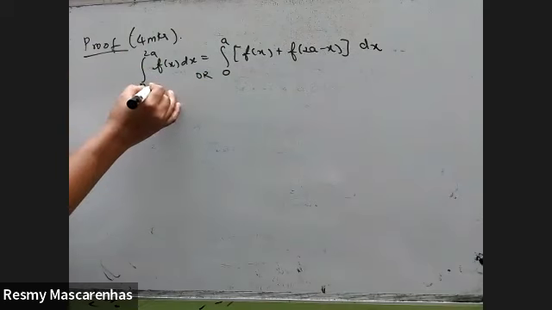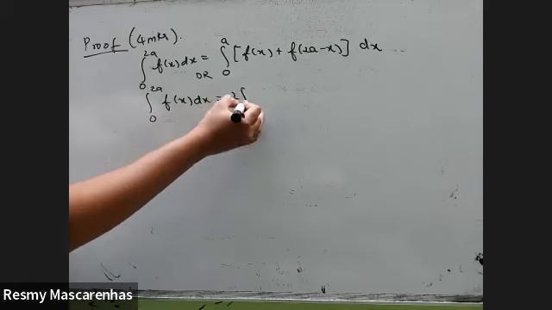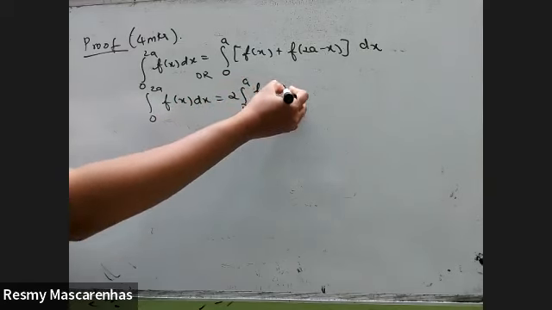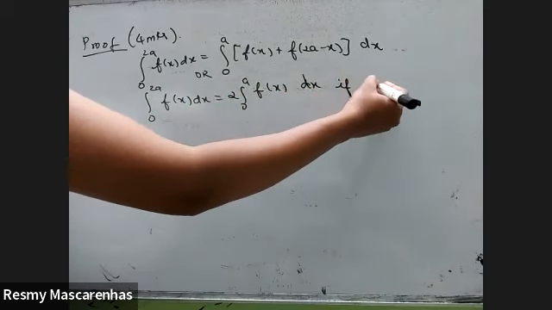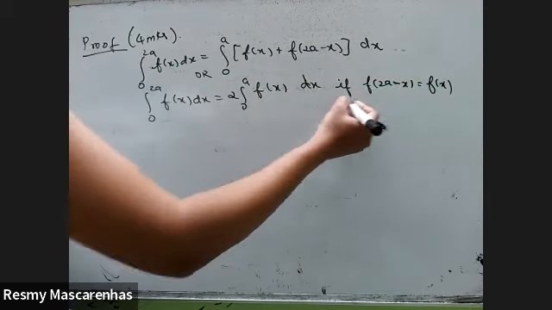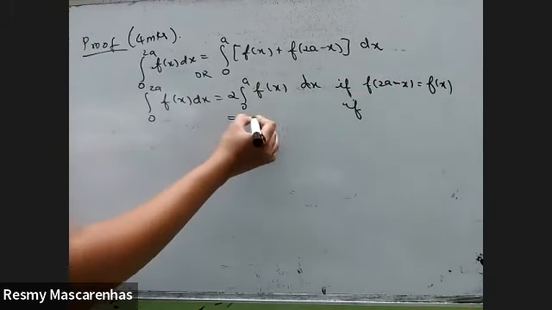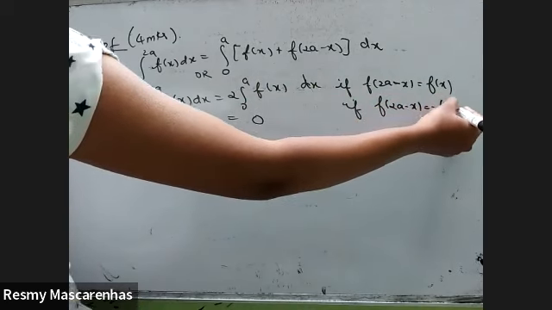Or 0 to 2a f of x dx equals 2 times integral 0 to a f of x dx if f of 2a minus x is equal to f of x, and is equal to 0 if f of 2a minus x is equal to minus f of x.